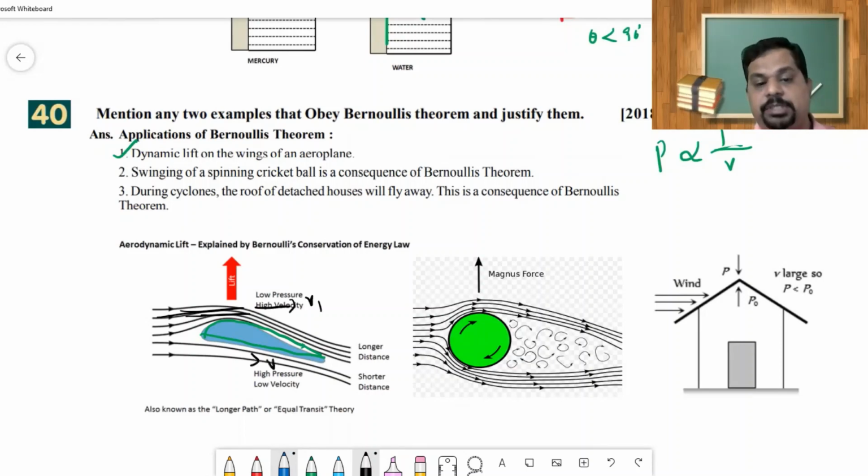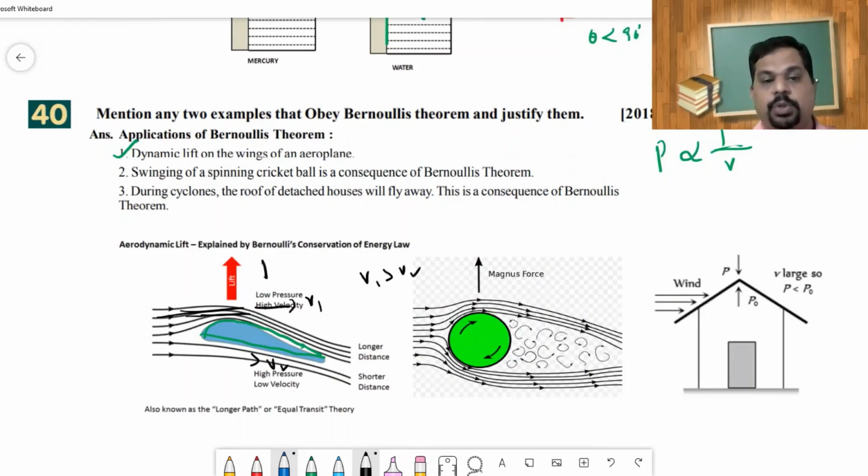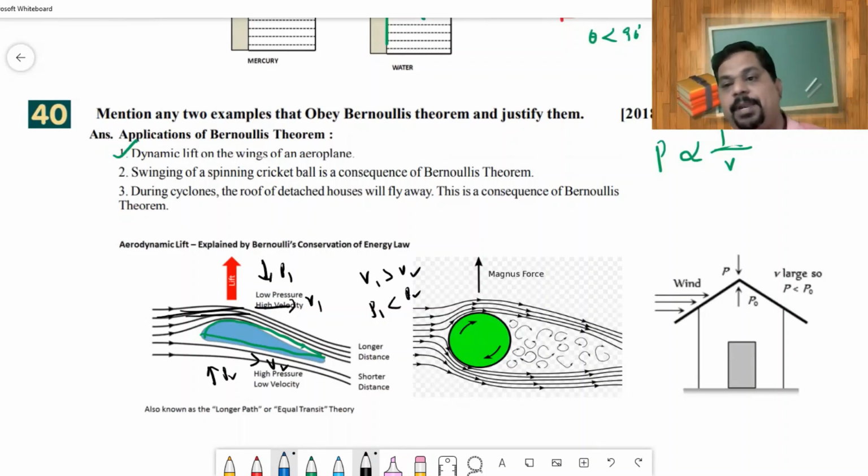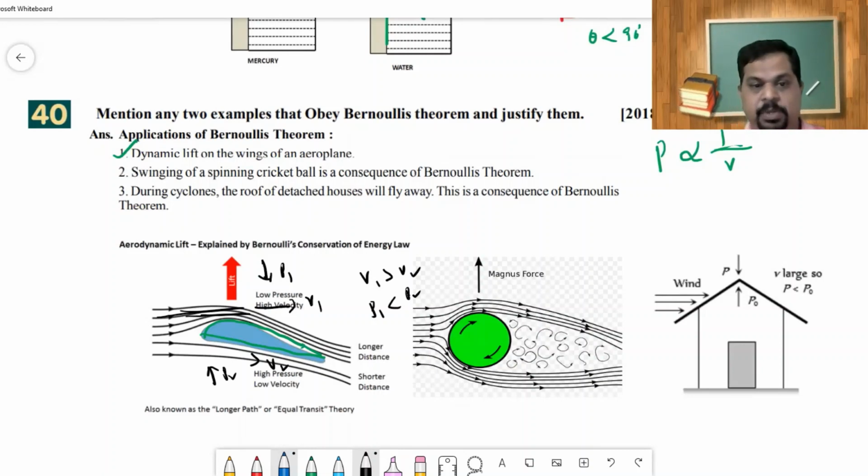When compared to this streamline, the velocity V1 is greater than V2. So the pressure P1 will be less than P2. So a pressure difference is created. That's why an aeroplane experiences a dynamic lift. So this is an example of Bernoulli's theorem.